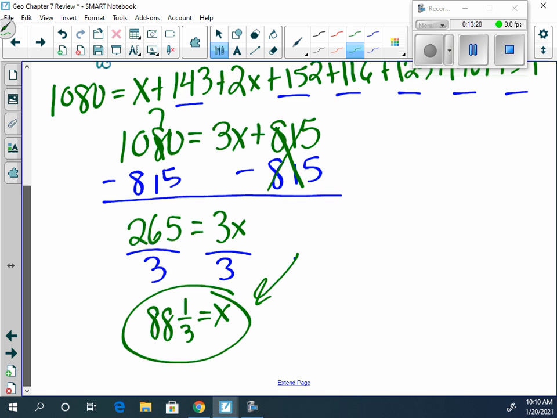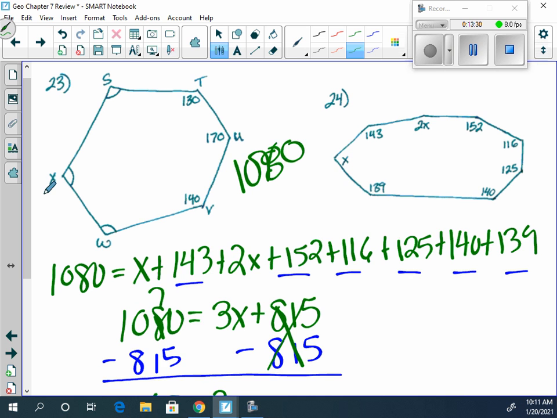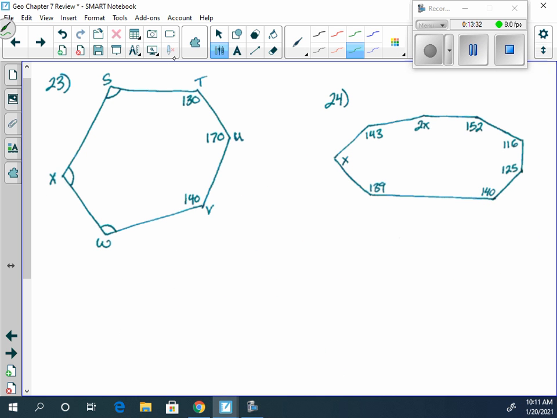So any other questions on 20 through 24? 23. So this here is a 1, 2, 3, 4, 5, 6 sided figure. I have an x. Yep.